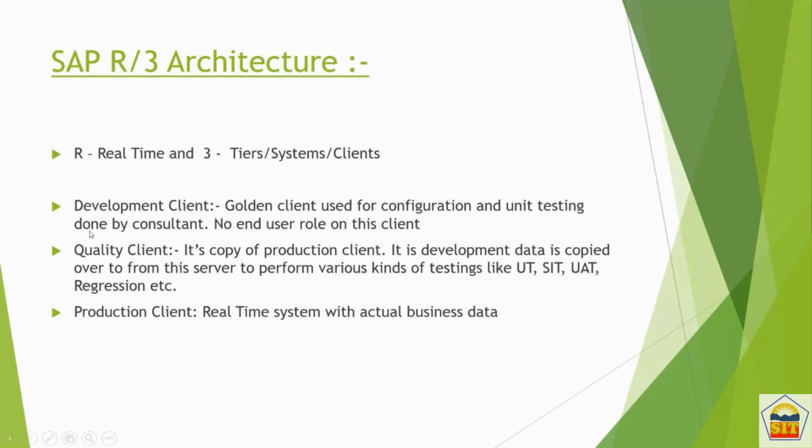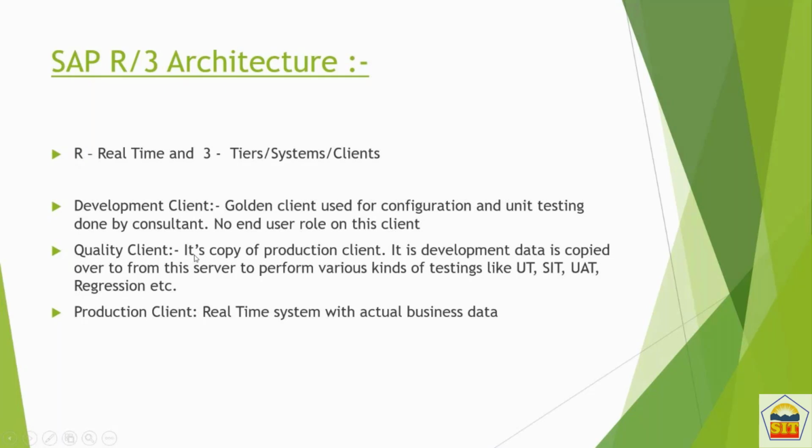Now after the development we have the quality client. Quality client is also known as the test client. Why do we have this quality client? Because we can't move the data directly to the production client, we need a middle layer. Whatever data we have in the production client, we will also get a copy of that in the quality client. Why?